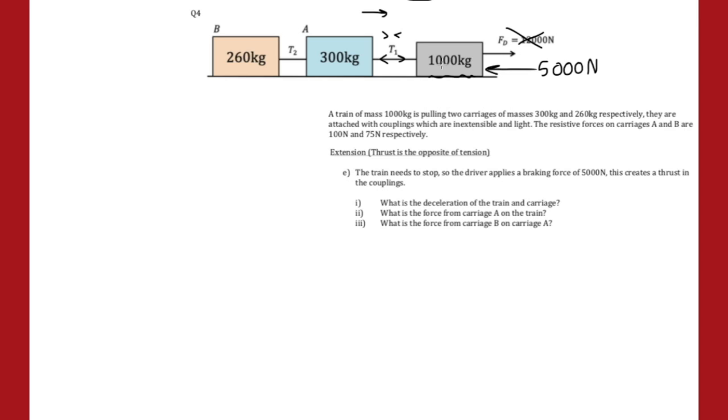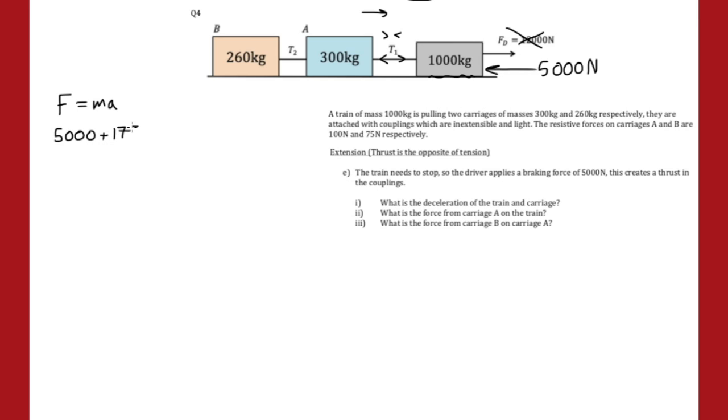Now, first thing we can do, as probably you're getting used to this method now, is that we find the acceleration to start with. So to find the acceleration, we need the resultant force, and we need the whole mass of everything involved. So the resultant force is going to be 5,000, in this case, plus those resistive forces from the carriages.